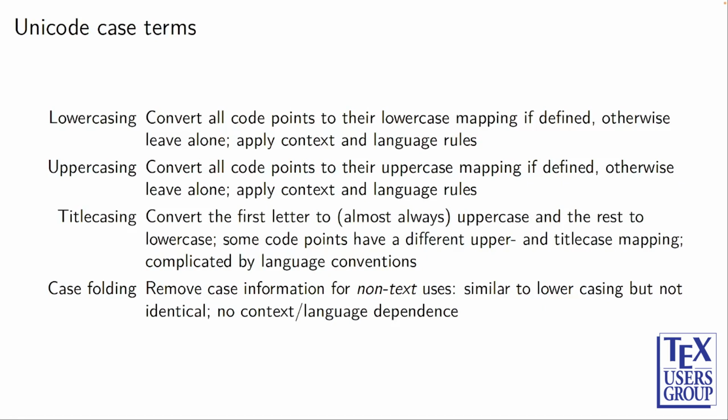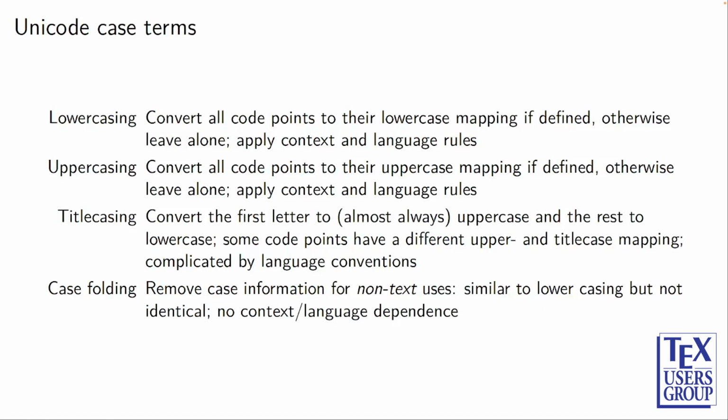Similarly, in some languages, most notably Dutch, we might have a special rule which applies where it's not simply the first character. So if we look at a Dutch word starting with I and J, that is title cased as though it were a single code point, so it's uppercase I, uppercase J. So we have to allow for that and cover it.